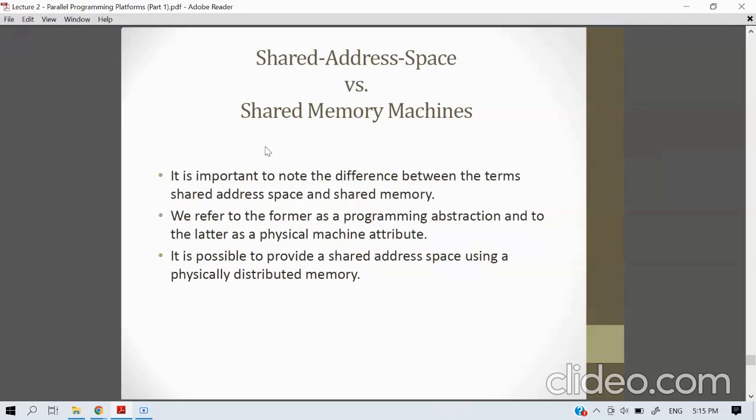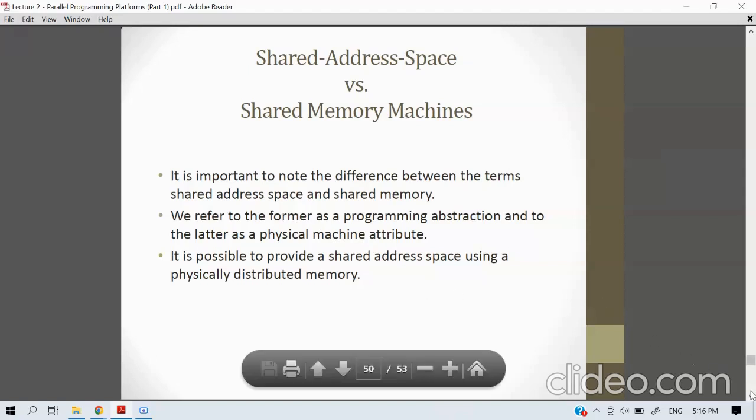There is some difference between these two concepts. We refer to the former, shared address space, as a programming abstraction, and the second one, the shared memory machine, as a physical machine attribute. So it is possible to provide a shared address space using a physical distributed memory.